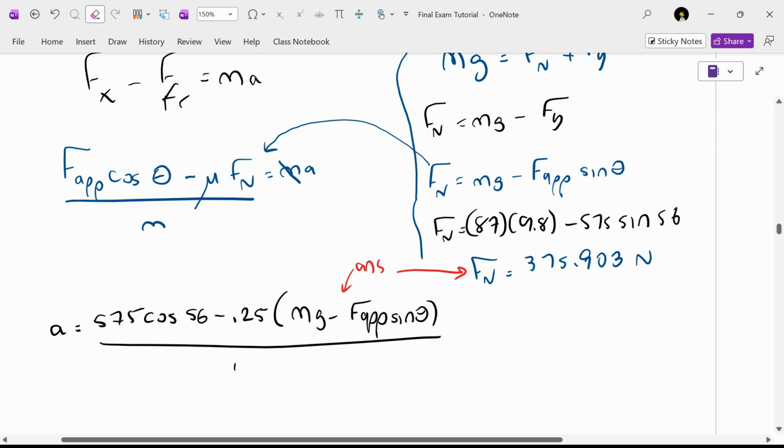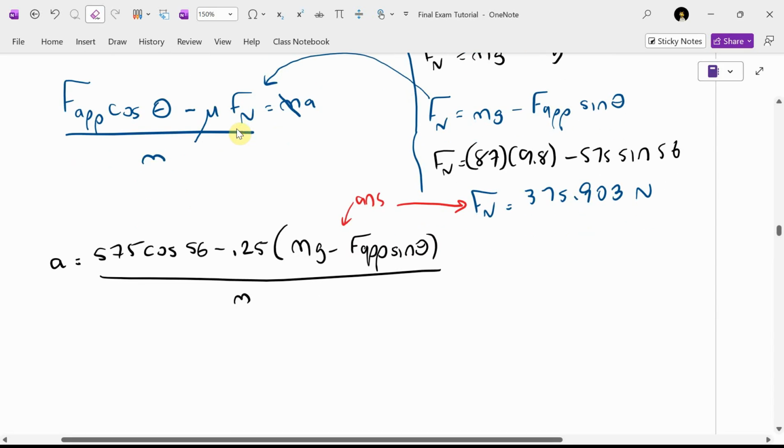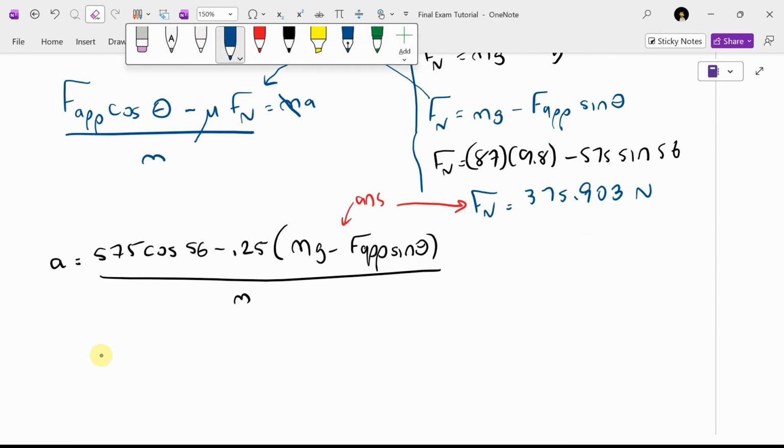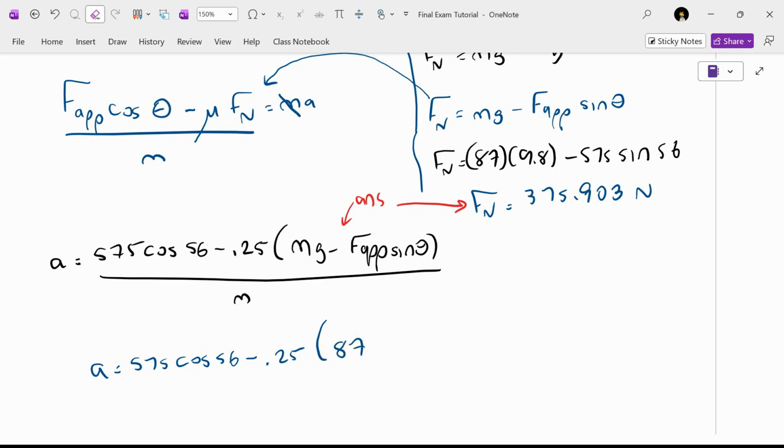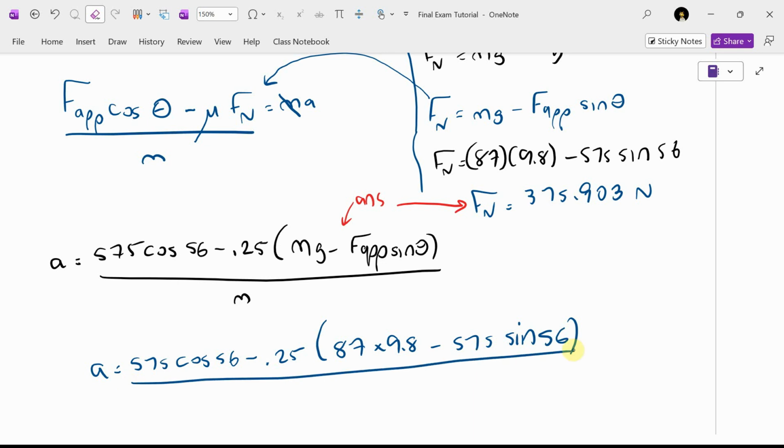All divided by m. And now if I crunch all of my numbers, A is going to be 575 cos 56 minus 0.25 bracket, M was 87 times 9.8 minus 575 sine 56, close bracket, divided by 87.